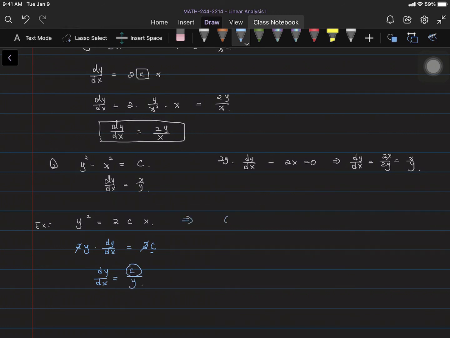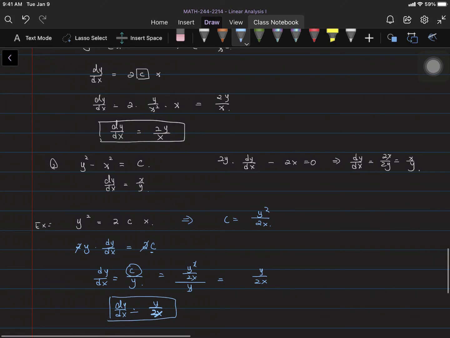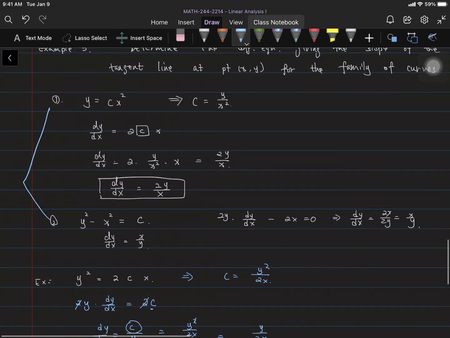Solve from the original: c equals y squared over 2x. Plug in, y squared over 2x and then over y. Cancel the y, so the answer is y over 2x. That means dy/dx is y over 2x. This is a combination of 1 and 2: implicit differentiation and solving for c.